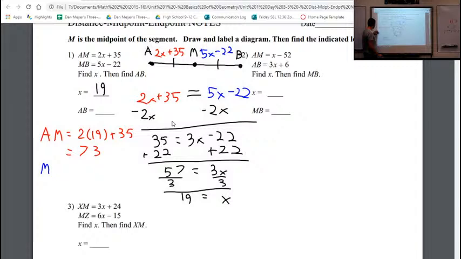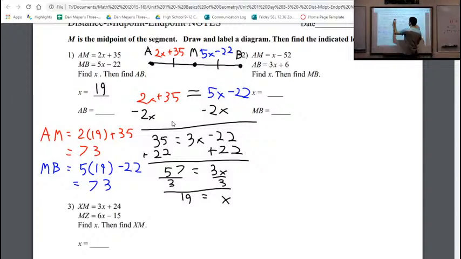And then M to B should work out to be the same, hopefully. That is 5 times x, which is 19, minus 22. That's 95 minus 22 is 73. So that's how we know we have the right answer, because these 2 work out to be the same.